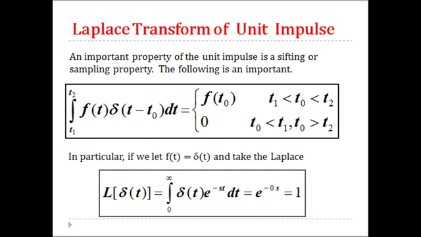In particular, when we let f of t is equal to delta t, we can take the Laplace transform as Laplace transform of delta of t is equal to integral over 0 to infinity delta of t e raised to minus st dt is equal to e raised to minus 0 of s is equal to 1.